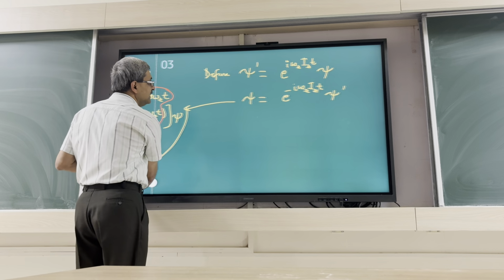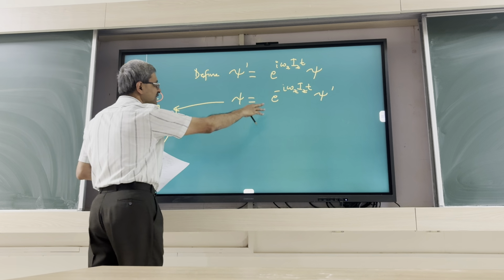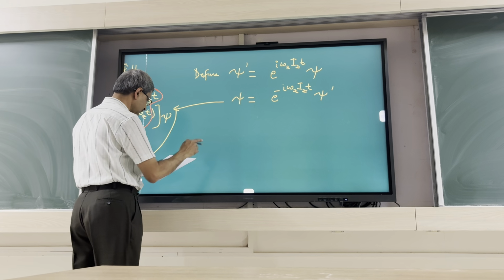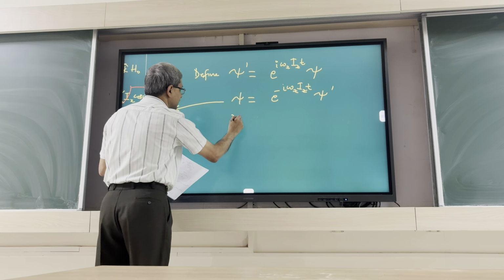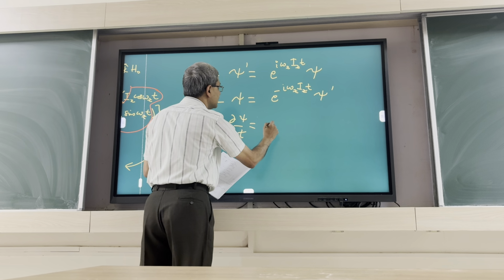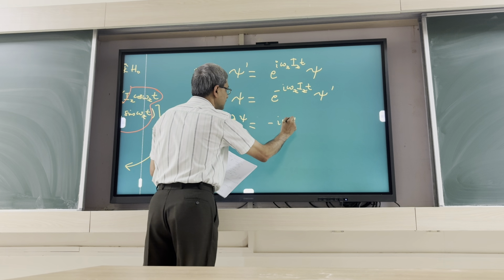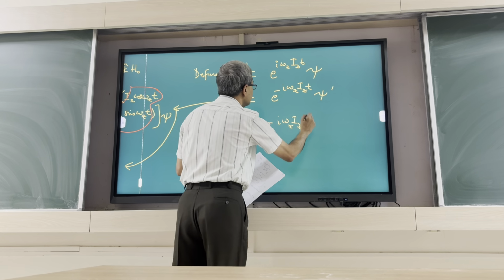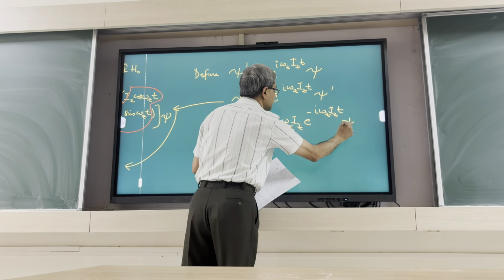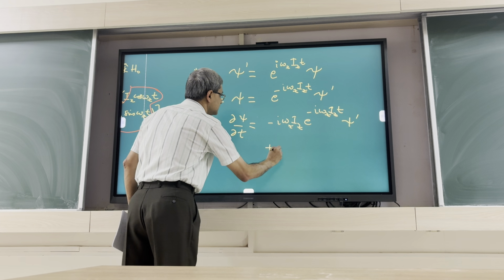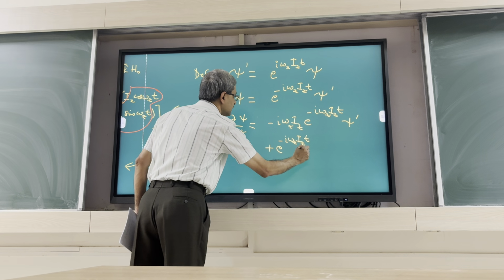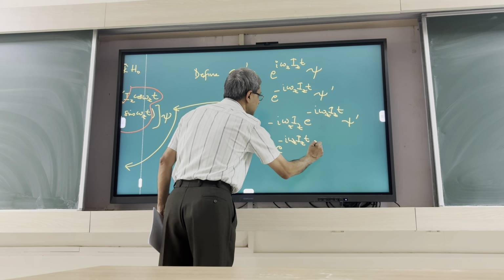So d psi dt you can write down, from this you take a derivative of this one, and you will get a minus I omega z Iz e to the minus I omega z Iz t psi prime. This is one term, and then plus e to the minus I omega z Iz t del psi prime del t.